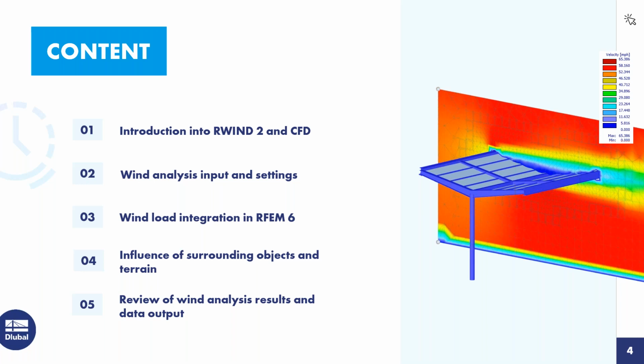We'll take a look after we run the wind analysis at how those wind loads can be integrated back into RFEM for the structural analysis. We also want to consider the influence of surrounding objects as well as the terrain. And finally, we'll spend a significant portion at the end of the presentation reviewing the wind analysis, results, and data output directly within RWIND.